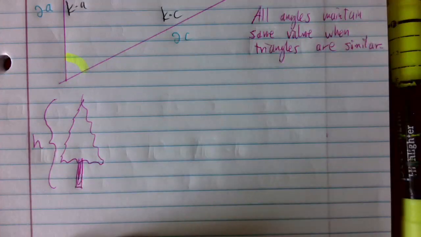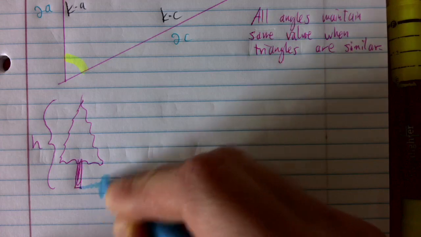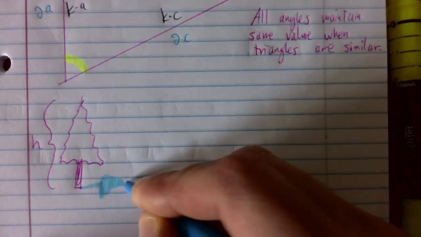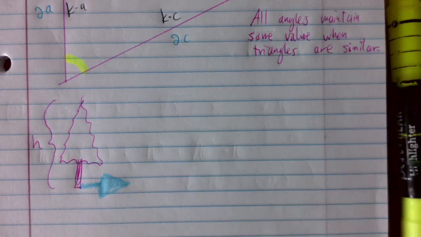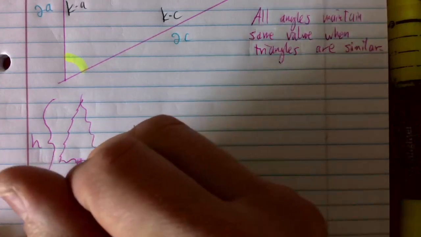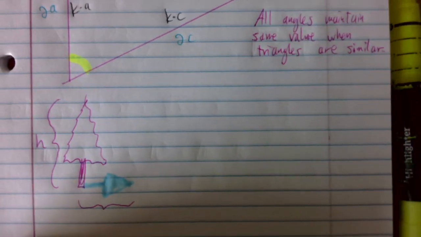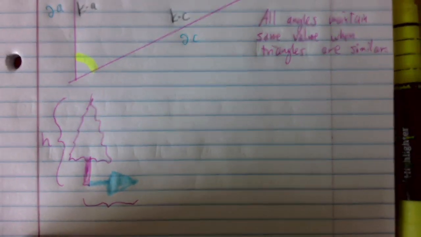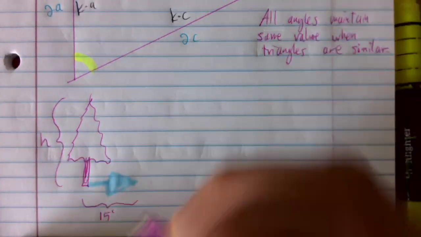But it's sunny outside. So it has a shadow. And the shadow, how long do you want the shadow to be? Okay, too late. 15 feet. All right?